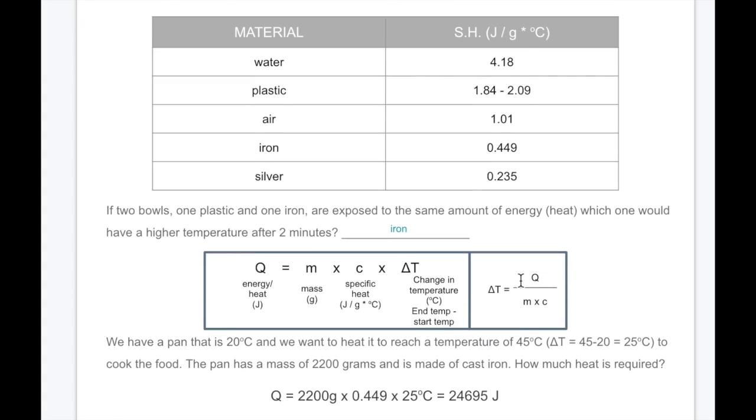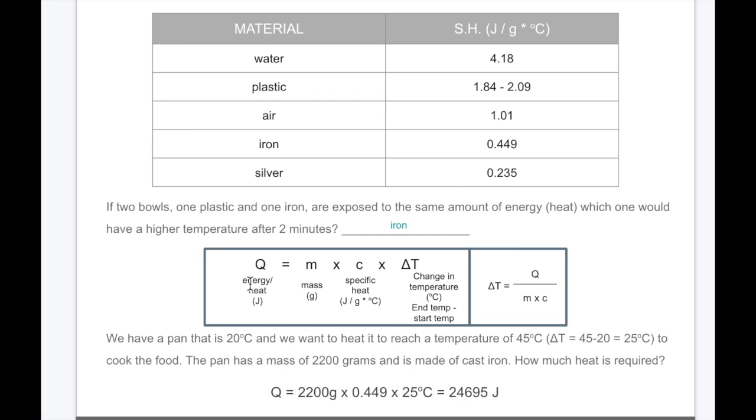We can calculate this. The equation for it is Q equals M times C times delta T. The Q represents energy or heat, and it is measured in J, joules. M stands for mass. It's measured in grams in this case. C is the specific heat, and this value will always be given to you unless you're calculating it.